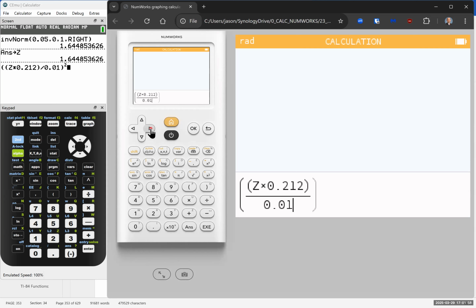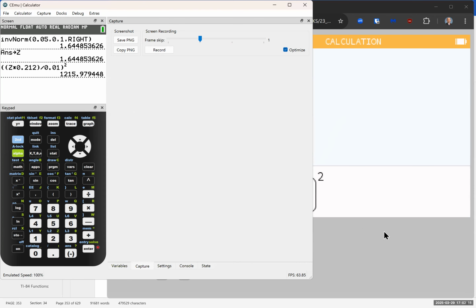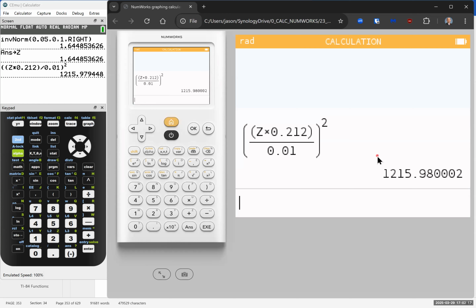And I'm going to do right arrow once. That'll take me out of the denominator and onto the side of the fraction. And I'll put right parentheses. And now I want to square that. So I'll hit the x squared button here. And when I hit enter here, and I hit execute here, should give me the same answer.